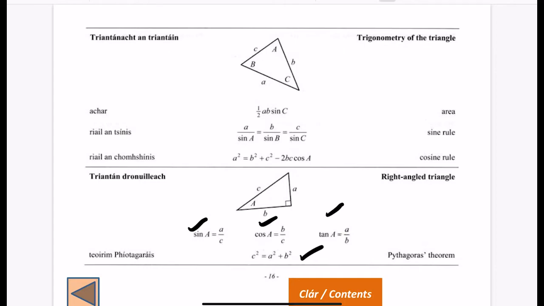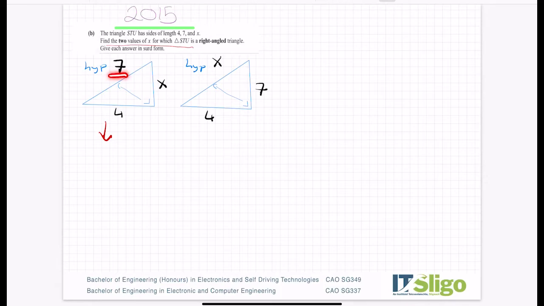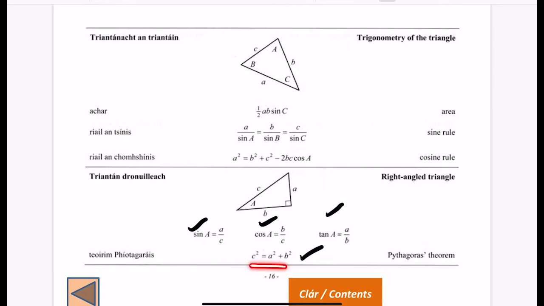Pythagoras' theorem is all about the sides, because if you look in the log tables, they call all the sides small letters and they call angles big letters. So this is side, side, side. This has got an angle in it, sine, cos and tan. So when I come over here, I'm side, side, side. I have no angles. So it makes sense then that I'm just using Pythagoras' theorem.